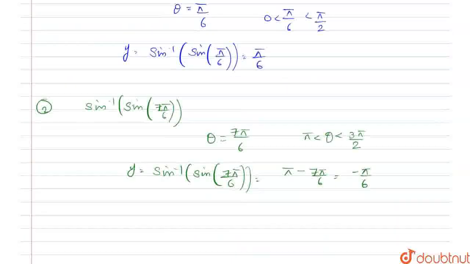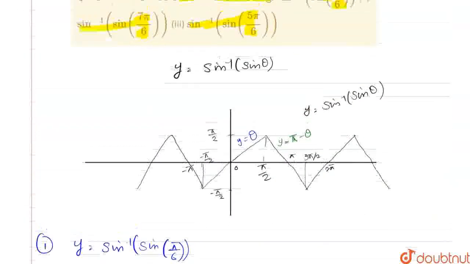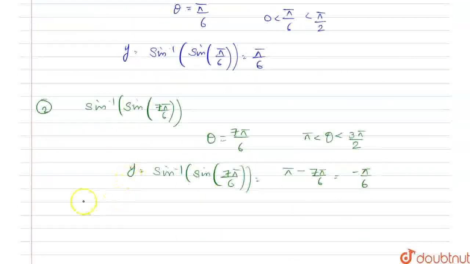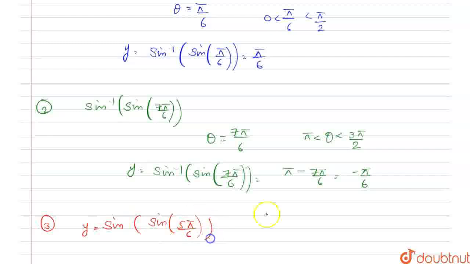And now we have to solve our third problem. So our third problem is, we have to find the value of y is equal to sine inverse of sine of 5 pi by 6. Now our theta will be 5 pi by 6, and from here we can write that theta lies from pi by 2 to pi.